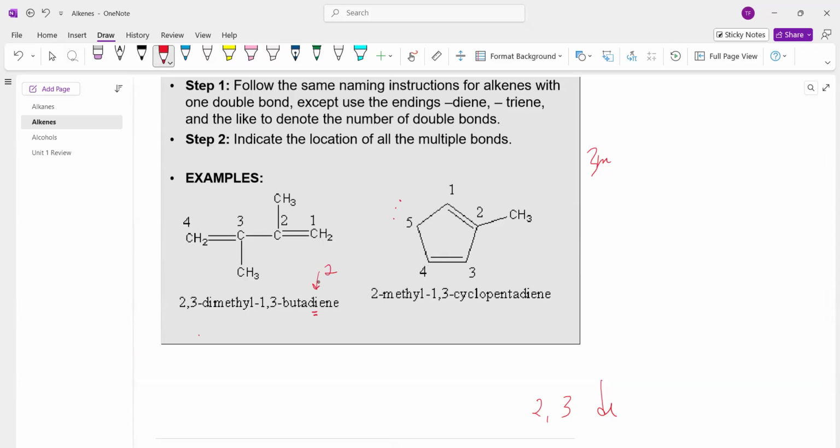And whenever you have a di, you have to have a number that corresponds to each one. So if it's a di, you have to have two numbers corresponding to the location of each double bond.